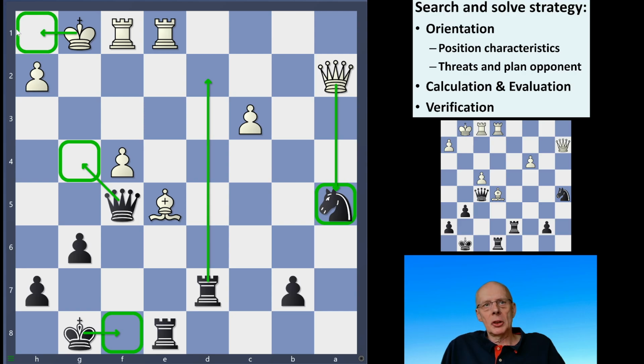Right, and the solution is white can play queen c5. So the rook is there, then queen c5, check, the king moves back, and interpose with the rook, rook f2.